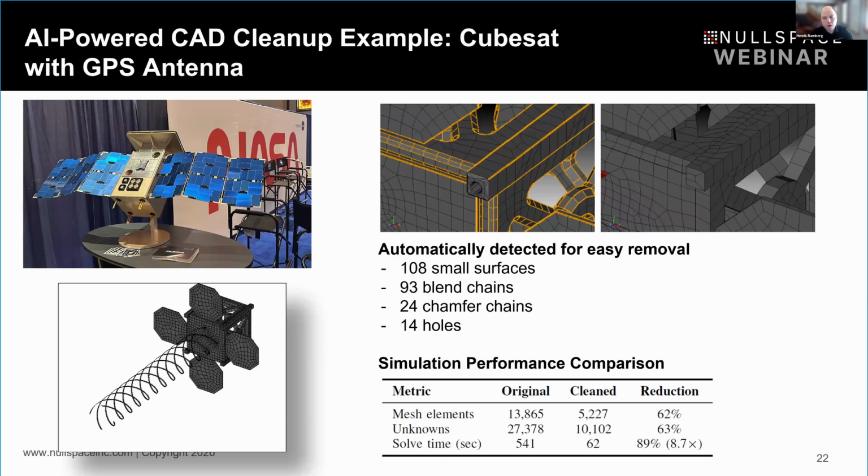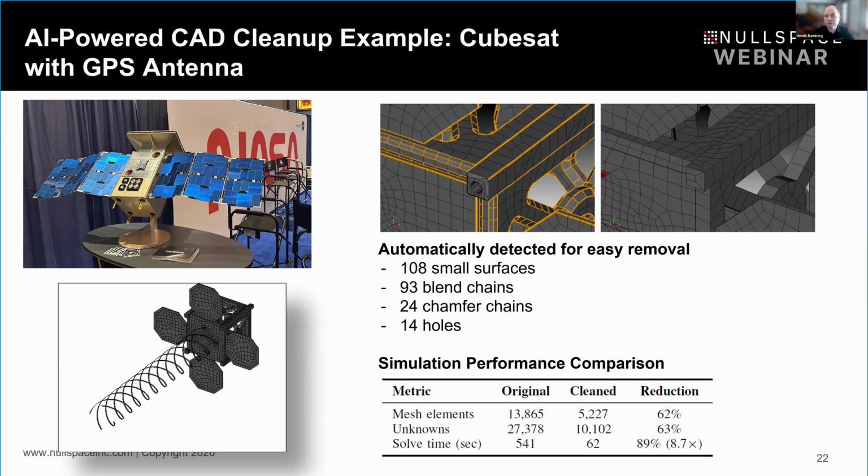As RF engineers, when we import vehicles that we're gonna use in our simulations, a lot of times they are not prepped for an RF simulation. So to improve meshing and minimize the simulation time, we want to do a cleanup. And in Nullspace, we have this AI automatic cleanup that can go in and detect certain features.